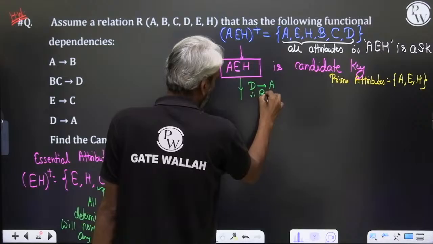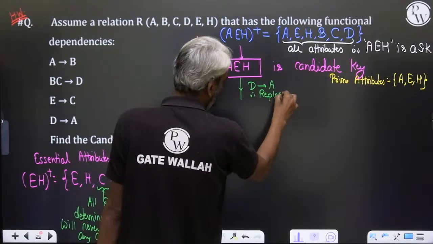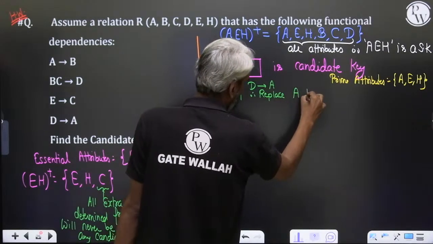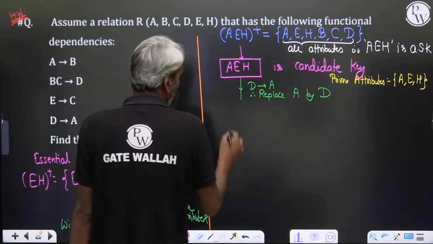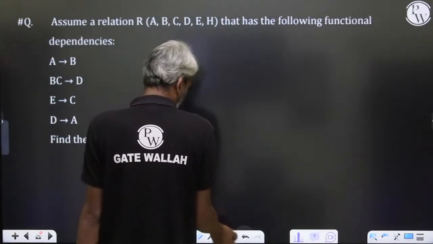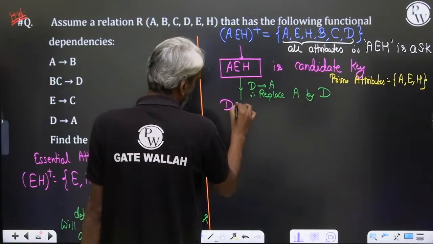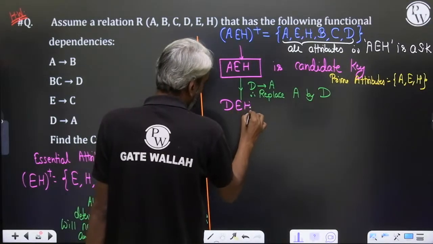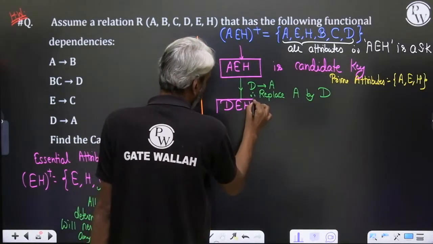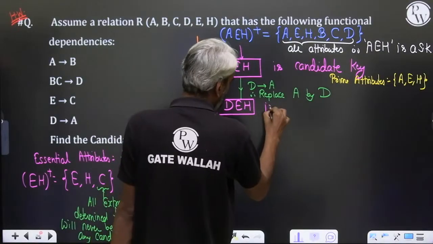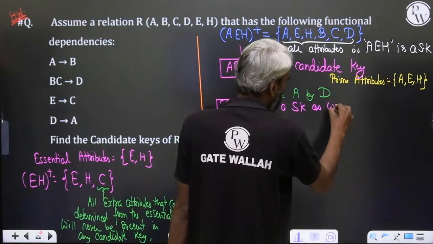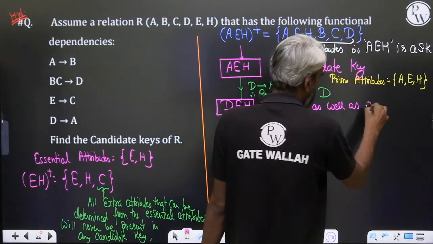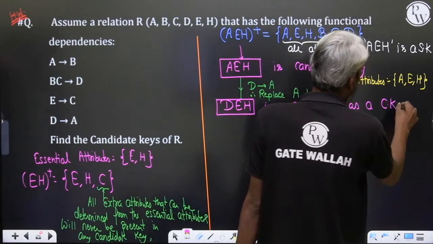Therefore, replace A by D. So, you will get to know that D, E, H is a super key, as well as, again, same logic.